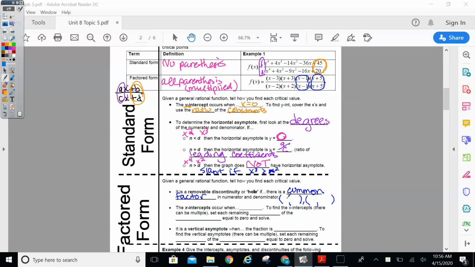Right here, x minus 1 means there's a hole at positive 1. The thing is, it's not 0. We have to actually find what y is, but we'll do that by plugging in when we get to our actual examples.